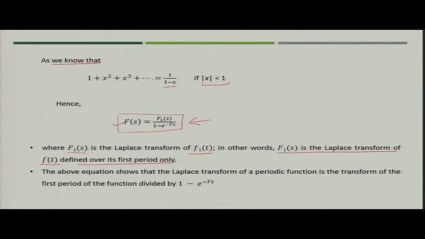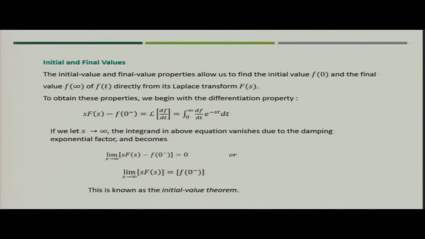If you want to find the value of F(s), that is the Laplace transform of the complete periodic function, we have to multiply F1(s) with 1 upon 1 minus e to the power minus Ts, then we will get the Laplace transform of the complete periodic function. Or we can say that if we divide F1(s) by 1 minus e to the power minus Ts, we will get the Laplace transform of a periodic function.